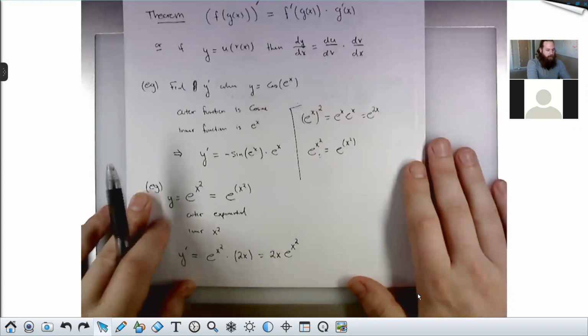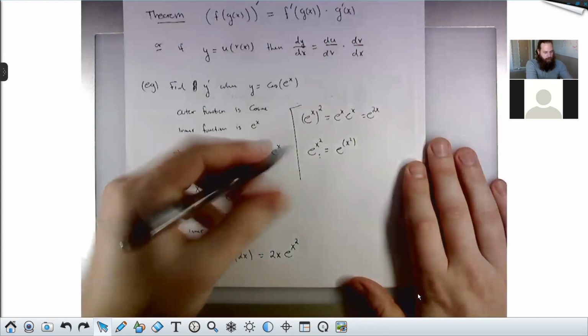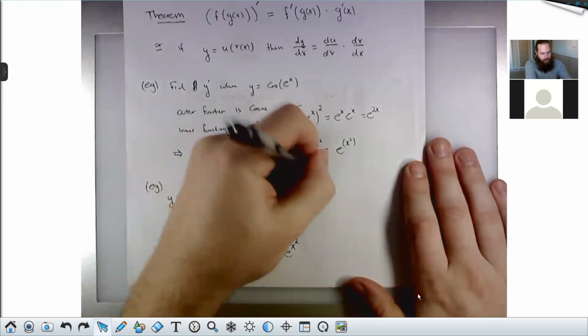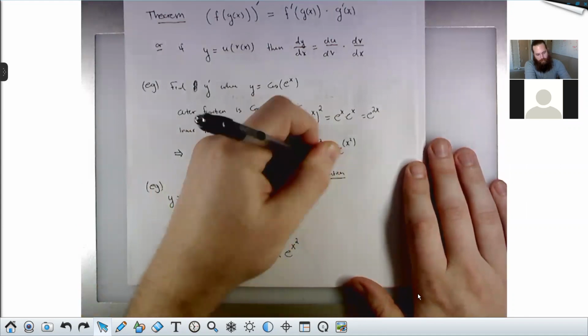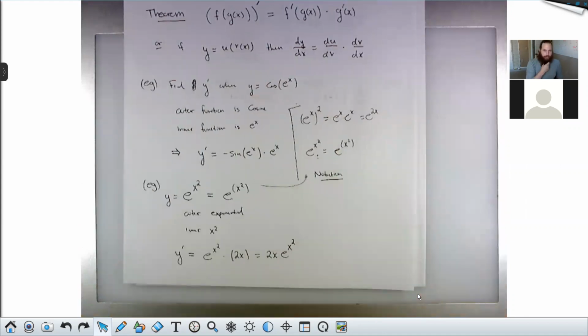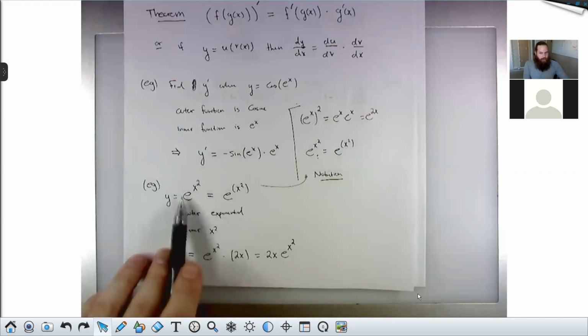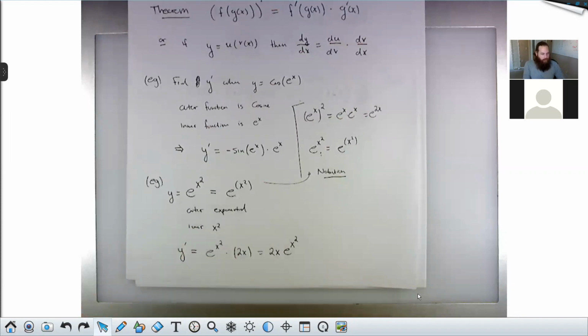The next example down there is what this little side discussion was for. This was just about notation. E to the x squared is always understood as e to the stuff, where stuff is x squared, which is different than squaring all of e to the x. So my outer function here is the exponential e to some stuff, and the inner function, that stuff, is x squared.